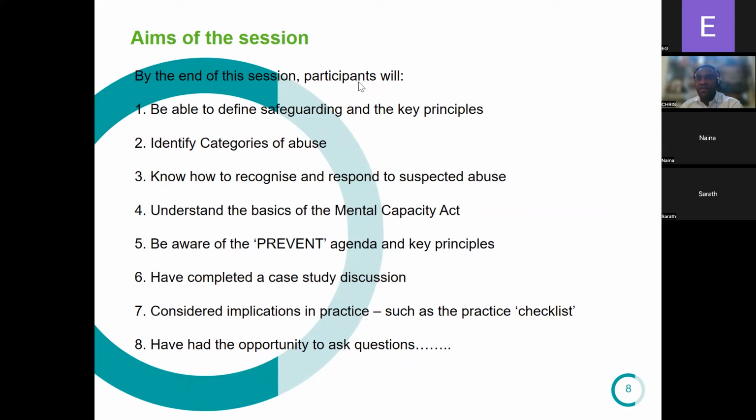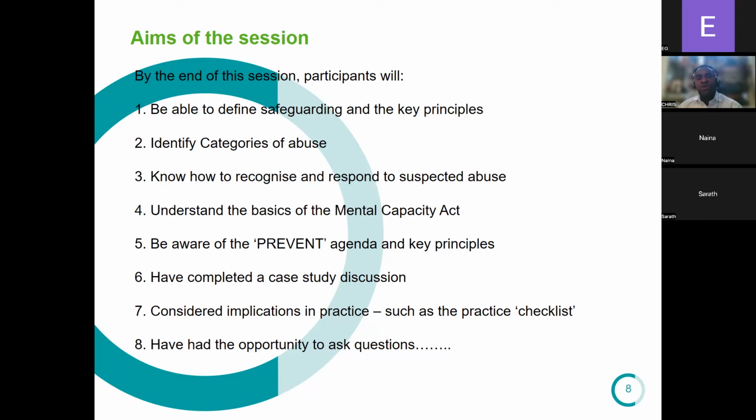So by the end of this session, we will be looking at definitions of safeguarding. We will look at the key principles of safeguarding. We will identify the categories of abuse. So when we talk about abuse, what is abuse and what are the categories or types or kinds of abuse?